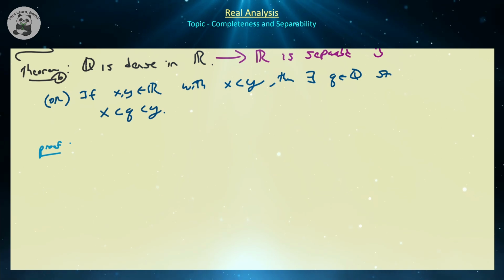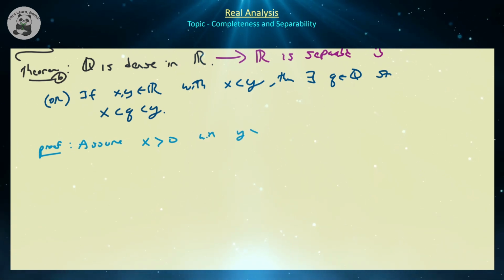Proof. Let's assume that x is larger than 0. Obviously, this theorem says between any two real numbers, so it also includes negative numbers, but if you want to prove it for the negative case, it's practically the same exact proof. So if x is bigger than 0 with y bigger than x, then we have that y minus x is going to be a positive number.